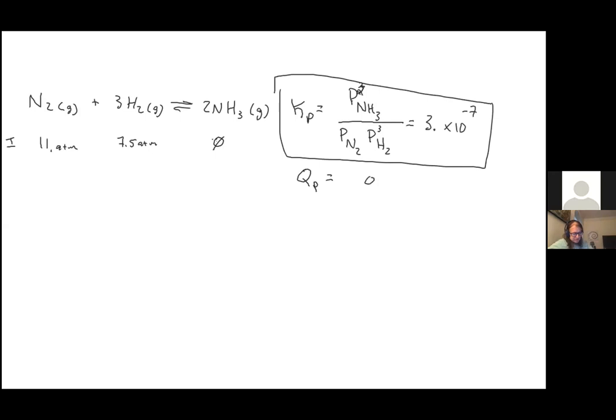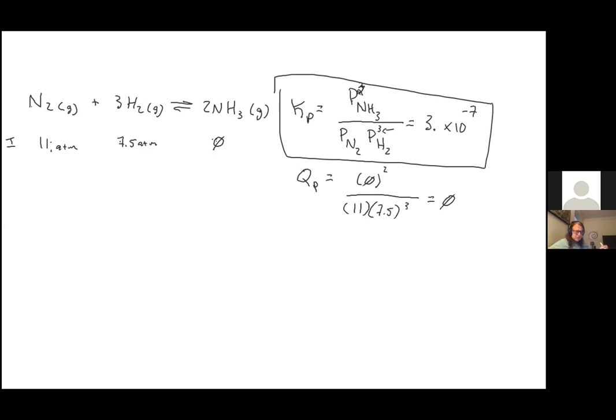So 0 squared divided by nitrogen is 11. I'm not putting units in. And then hydrogen is 7.5 to the third power, right? Well, that's equal to 0, right?